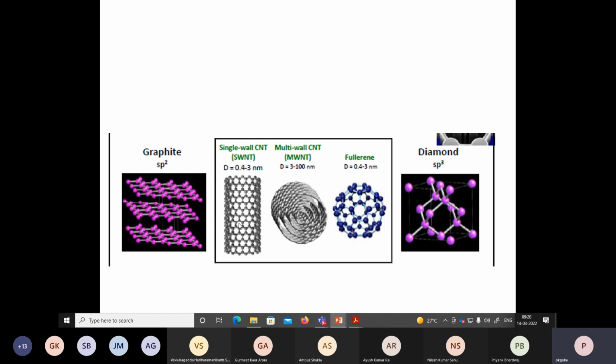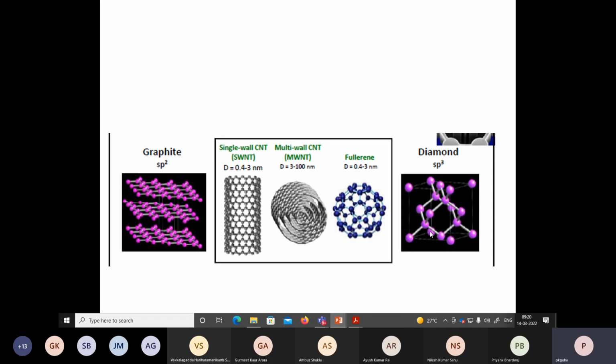to form a nanotube. For example, this is a single wall carbon nanotube, a few nanometers. Though I mentioned 10 nanometers, here it is a few nanometers for single wall carbon nanotube, but for multi wall carbon nanotube the diameter is a few tens of nanometers. This is fullerene, which, as I said, is a buckyball kind of structure.